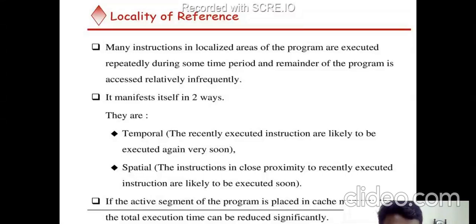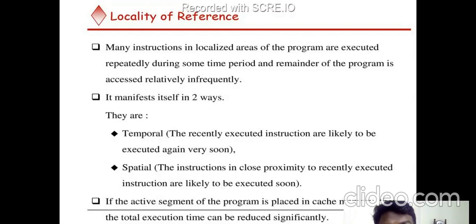When the processor starts executing from i equal to 0, it will definitely execute the same lines 4 or 5 times. So automatically the for loop instructions will be stored in the cache memory. That is temporal: recently executed instructions are likely to be executed again very soon.